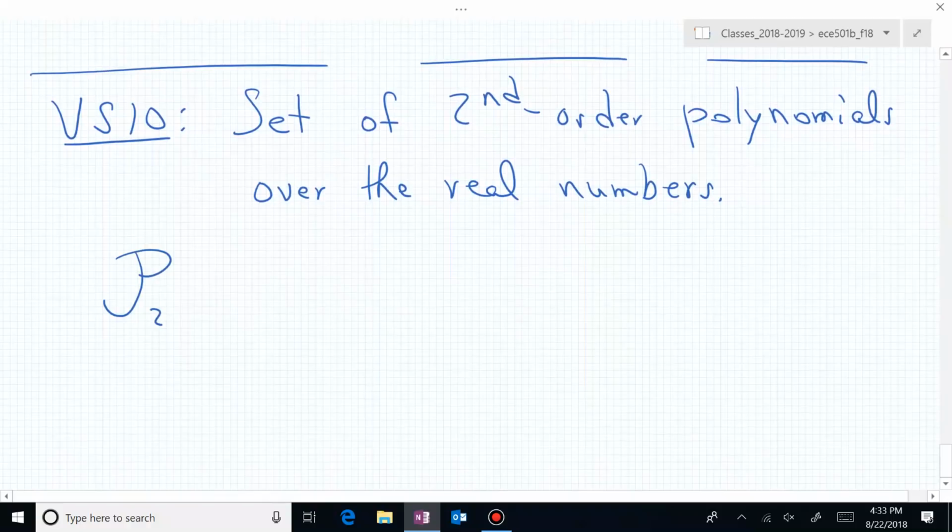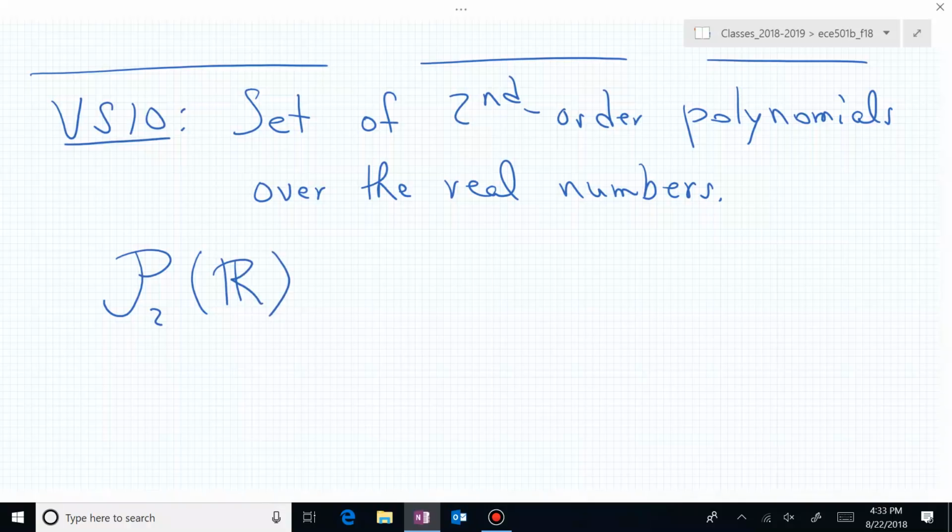But this would be, let's say, script p sub 2 r. So there I'm using this to illustrate the notation that we might use in this class. If I say script p sub 2 over r, then you know we're talking about the set of polynomials that are second order with real coefficients, evaluating over the real numbers for the arguments.